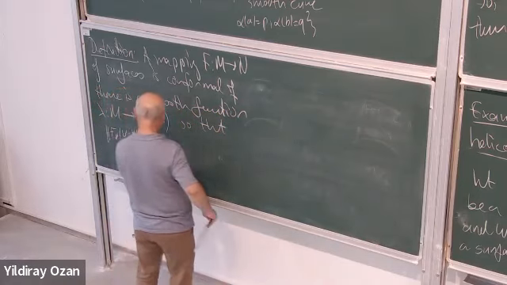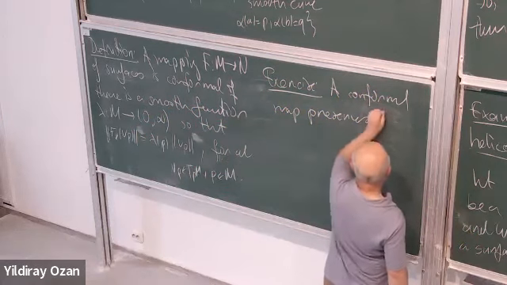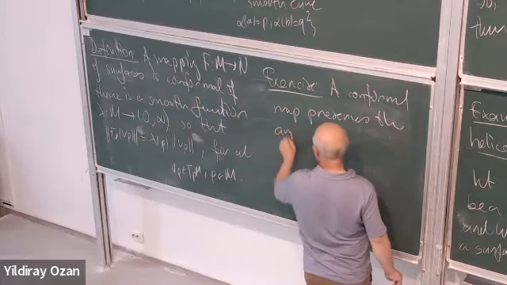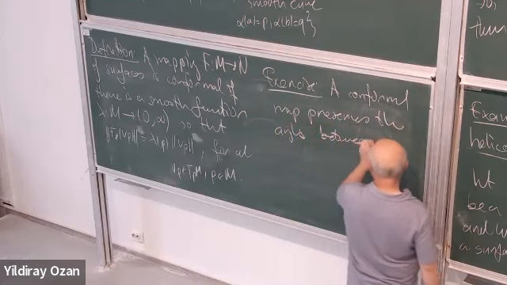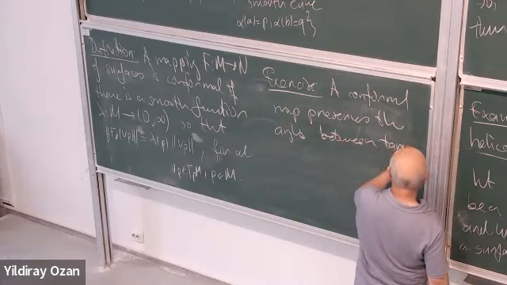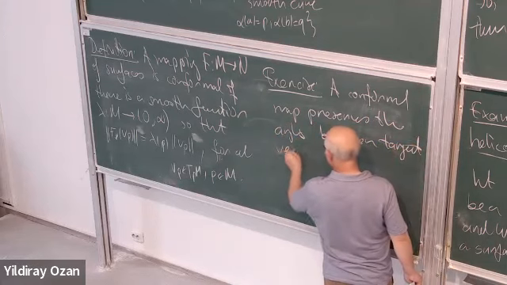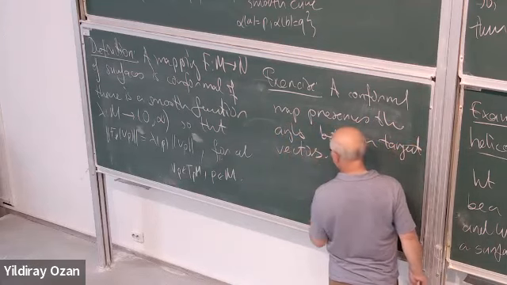So let me write this as an exercise: a conformal map preserves the angles between vectors.